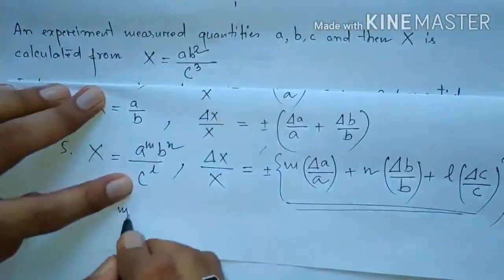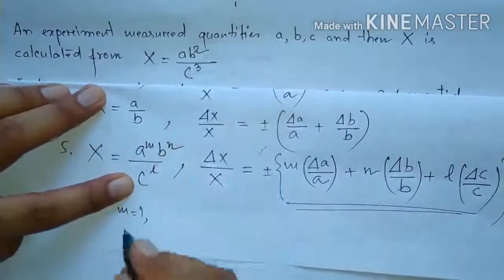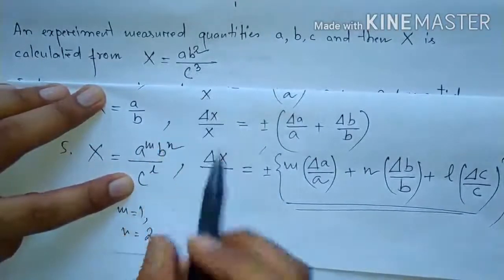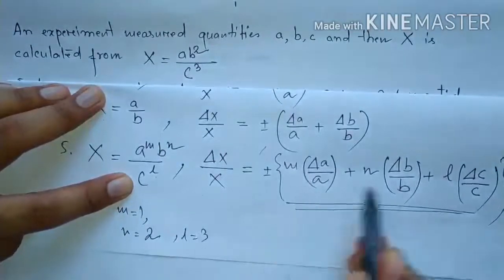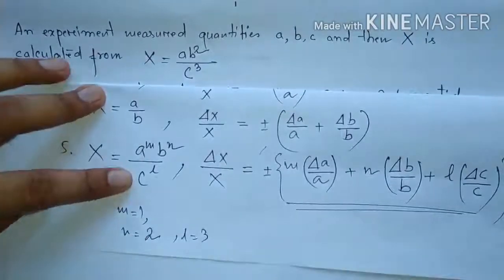That means m has to be 1. b to the power n is appearing here as b square, so n will be 2, and c to the power l appears as c cube, so l will be 3. So I'll just put the values of m, n and l here.